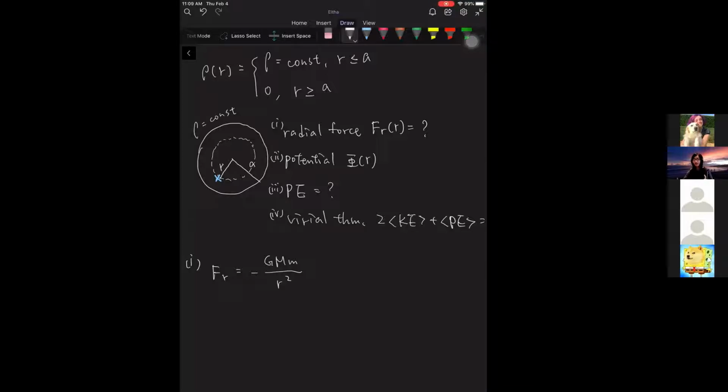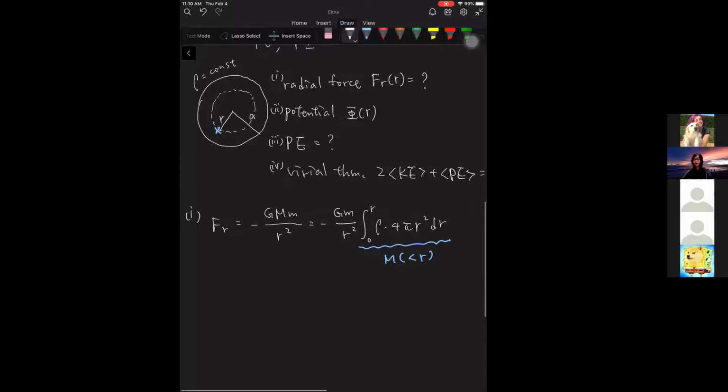So when we are calculating the force, we only need to consider the mass inside the radius of interest. This means that the large M can be represented as the integration from 0 to r of rho times 4 pi r squared dr. This is the mass within the radius r.